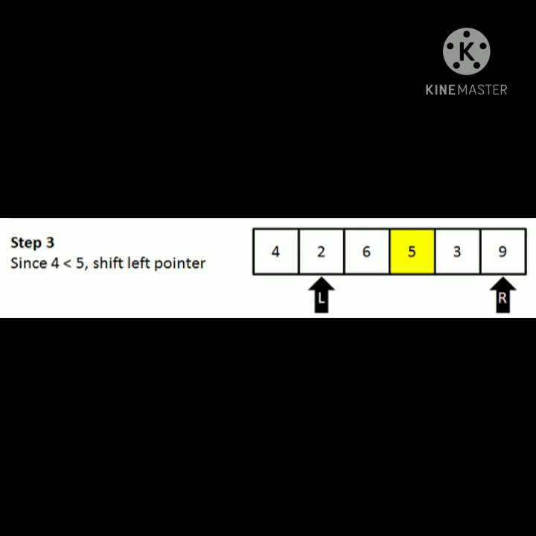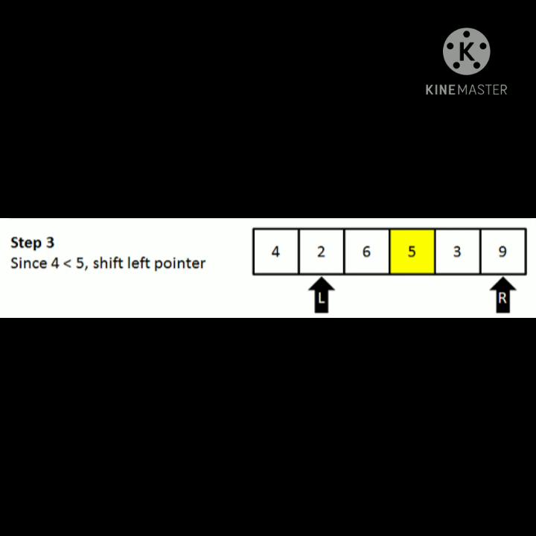So, step 3, since 4 is less than 5, shift left pointer. While the value at the left pointer in the array is less than the pivot value, move the left pointer to the right. Add 1.